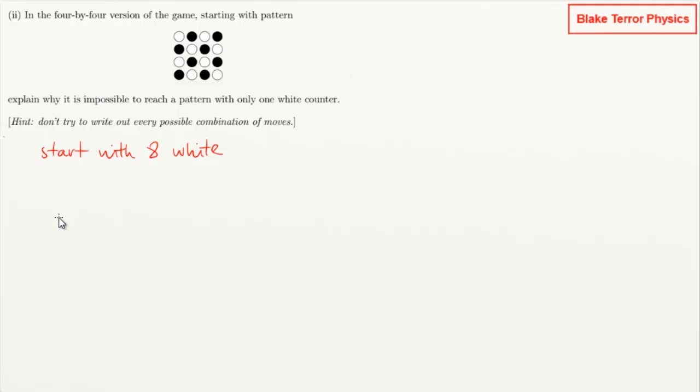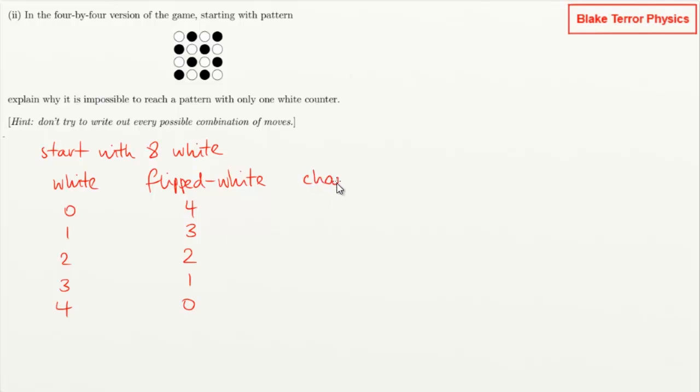So if we flip a row, let's do a little table. So we've got white, and then we've got flipped white. So once we flipped it, say we had a row which had 0, 1, 2, 3, or 4 white. When we flip it, we're going to get 4, 3, 2, 1, 0. So we've got a change here.